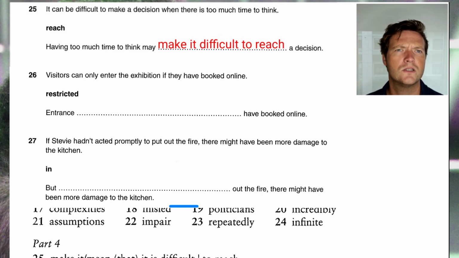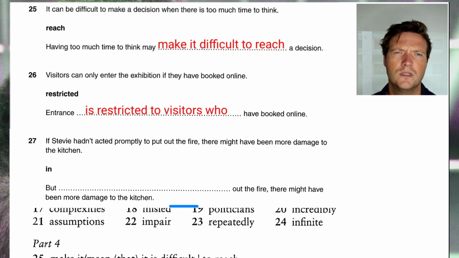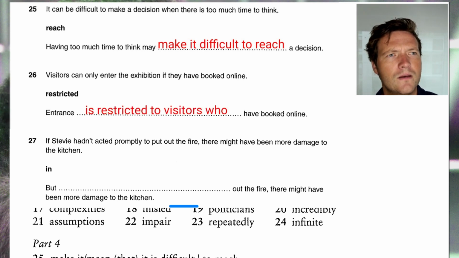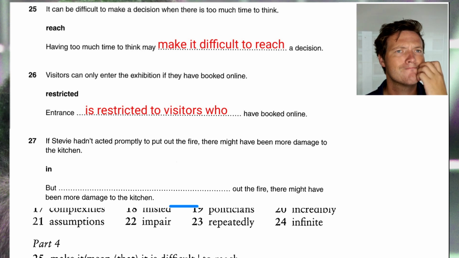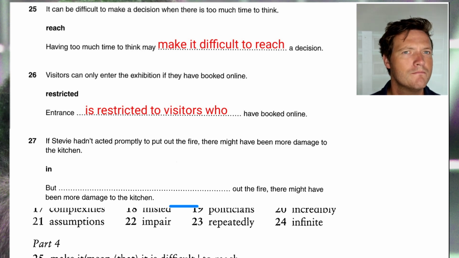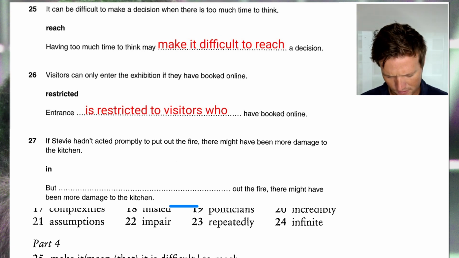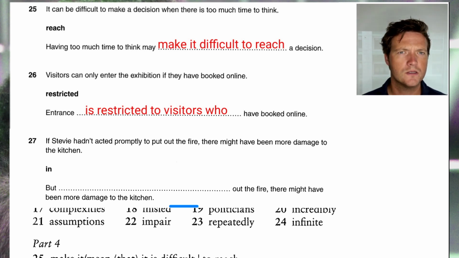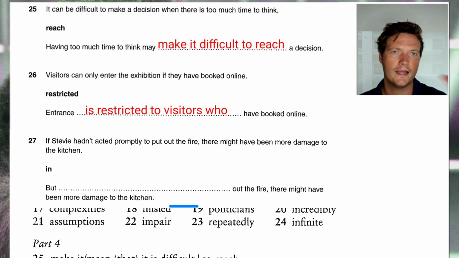Entrance is restricted to visitors who have booked online. Is that right? I think that's right. So it's only those who have booked online who can enter the exhibition.